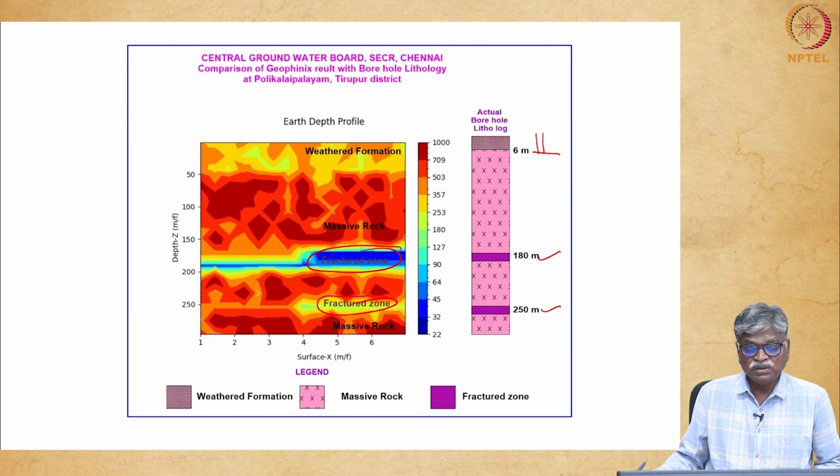Then wherever we did the geophonics, there we also did the electrical resistivity survey, vertical electrical sounding. We correlated the VES data with the geophonics long range data. It is almost matching.